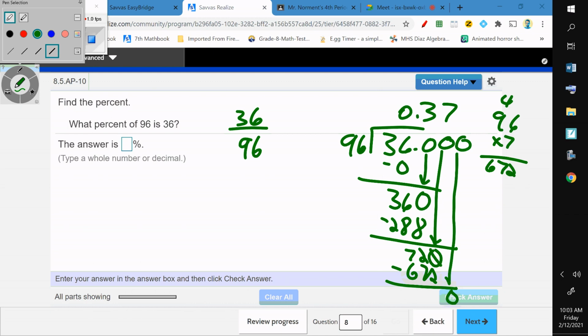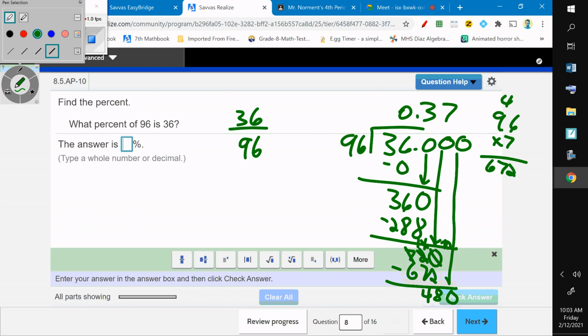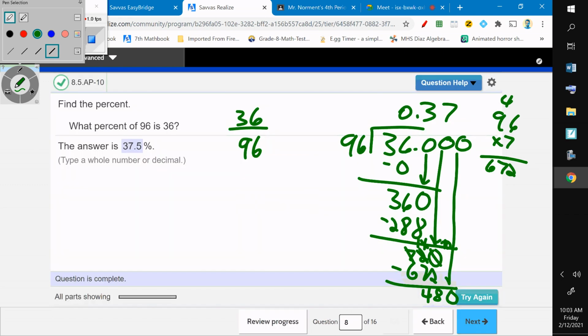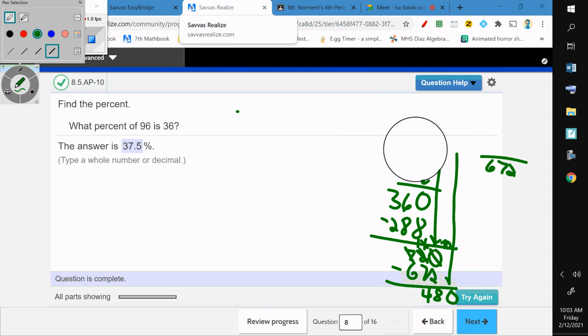It's going to be 10, 1, 1, 8, 28, 48, 5. Jeez, is that the exact same answer as the last one? No, I don't know. But it's going to be close. Yeah, I think it's going to be 37.5. I don't know what I was thinking giving you that question. Okay. Sorry about that.